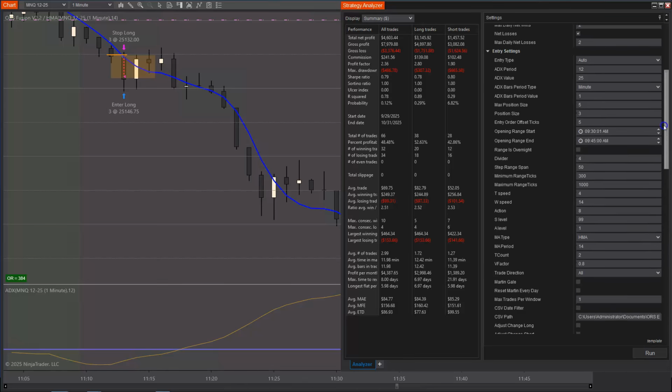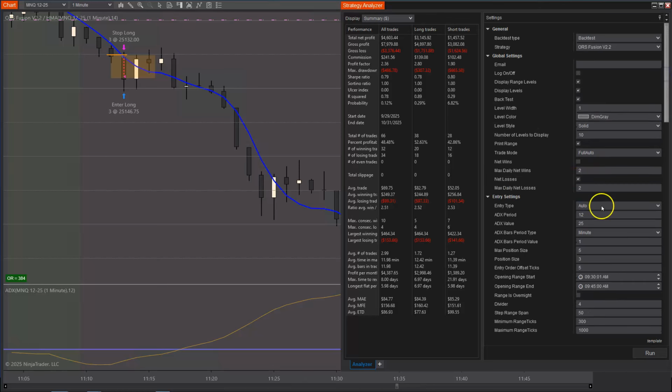So that is pretty much it. It takes a lot to optimize this.